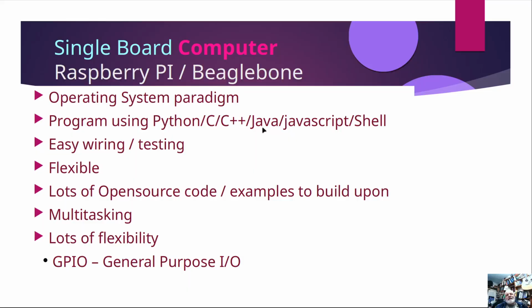So again, it's pick the right tool for the right job. Certain things Python does a nice job of, but other things Python just really can't do, where you have to go to C or C++ type coding. They make it very easy for wiring. They're very flexible. They use open source code, and so there's lots of examples and materials that you can make use of to get up and running very easily.